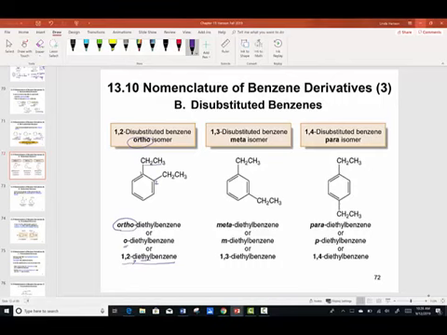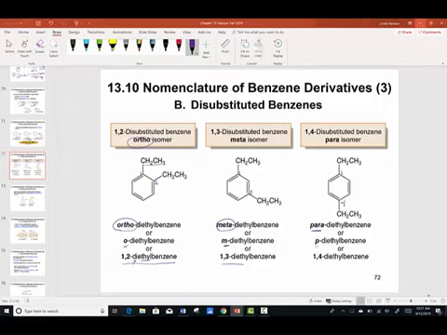If we see substituent groups at position 1,3 on our 6-carbon ring, that gets the prefix meta. 1,3-diethylbenzene is also known as meta-diethylbenzene. And here we see the position is 1,4. The position 1,4 is known as para-diethylbenzene.